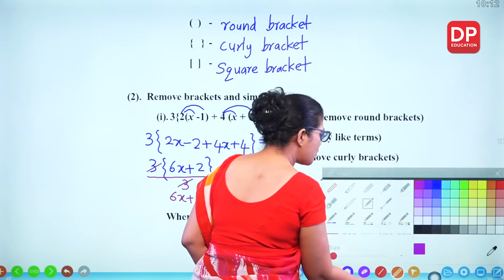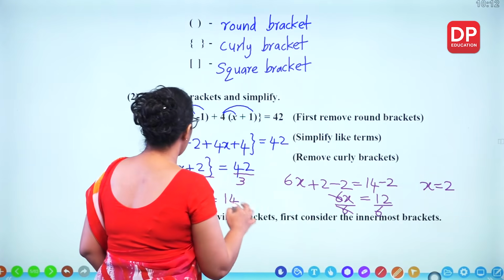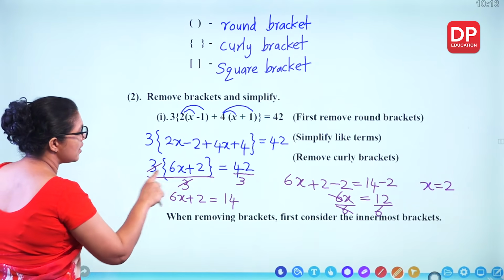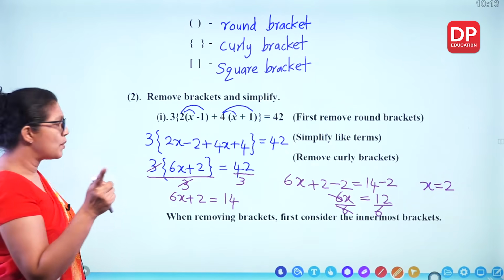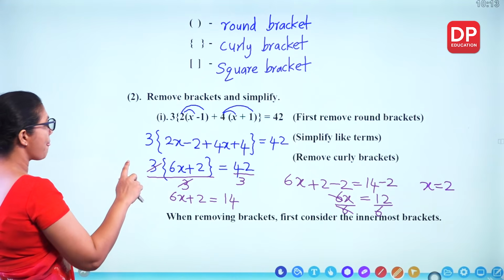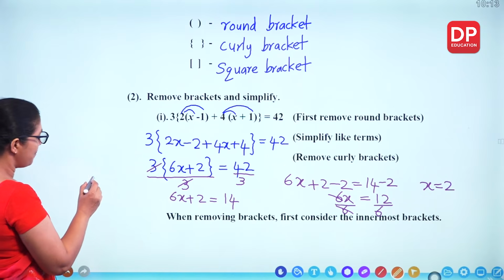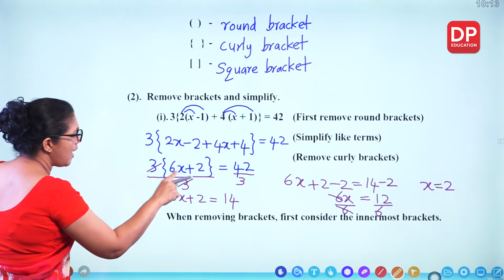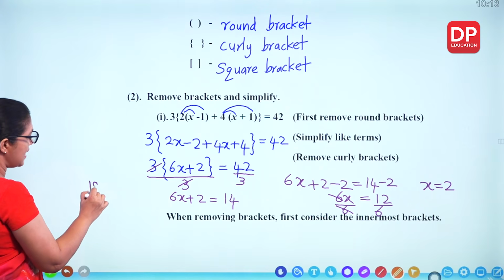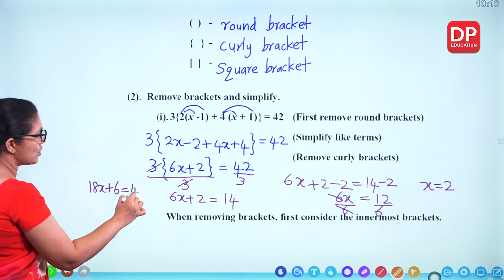Now, if you are removing the brackets, how you do? So, without removing brackets, we did this. But how you remove brackets? Now, again, I'll do that same sum here. 3, then you have to multiply this by 3. 3 times 6, 18x. 3 times 2, 6, is equal to 42.